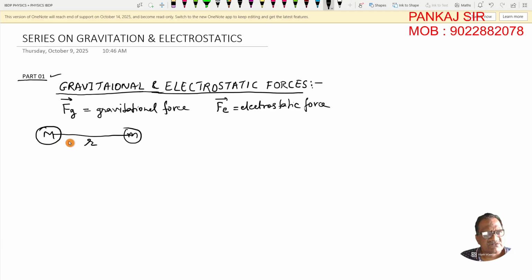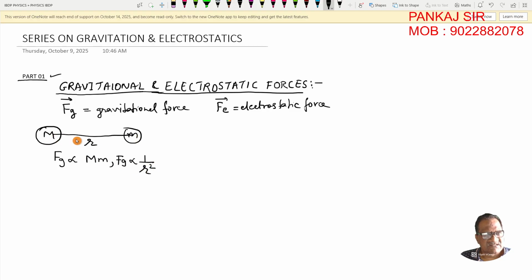It says that any two objects having some mass, like capital M and small m, separated by some distance r, will always experience a force known as gravitational force. This force is proportional to the product of the two masses, M into m. Also, this force is inversely proportional to the square of the distance between them.